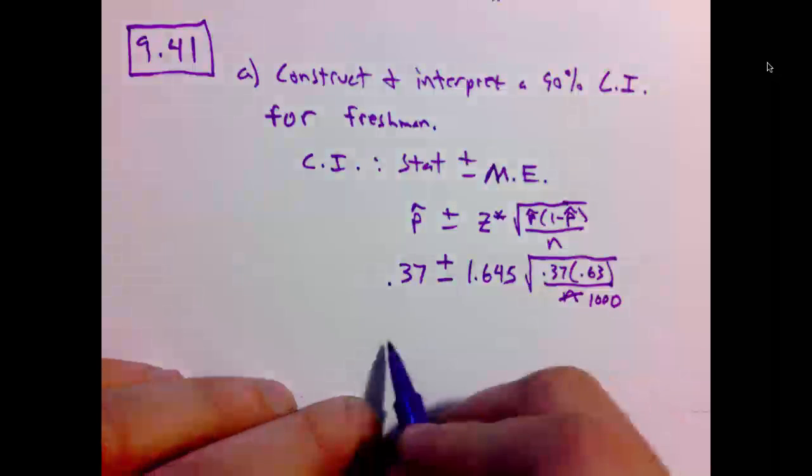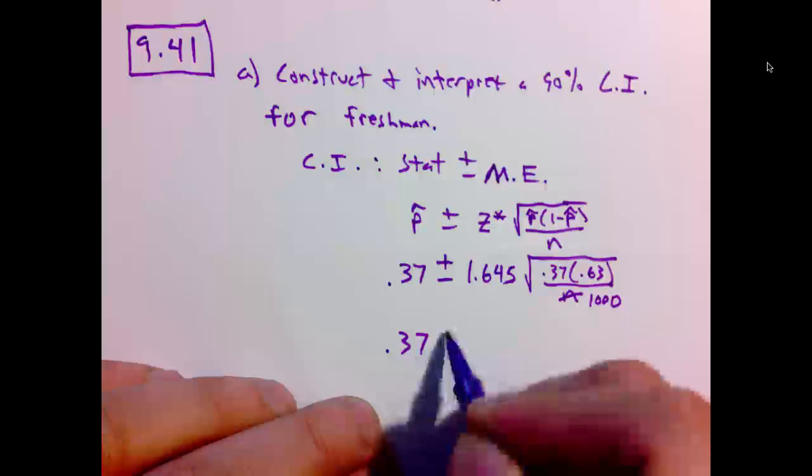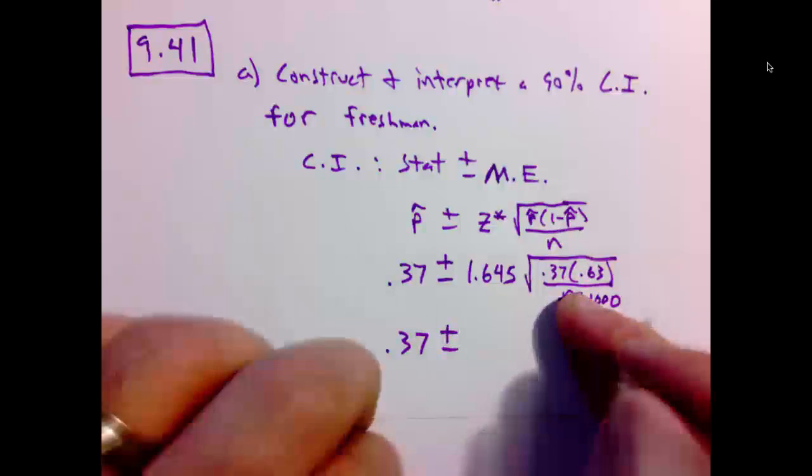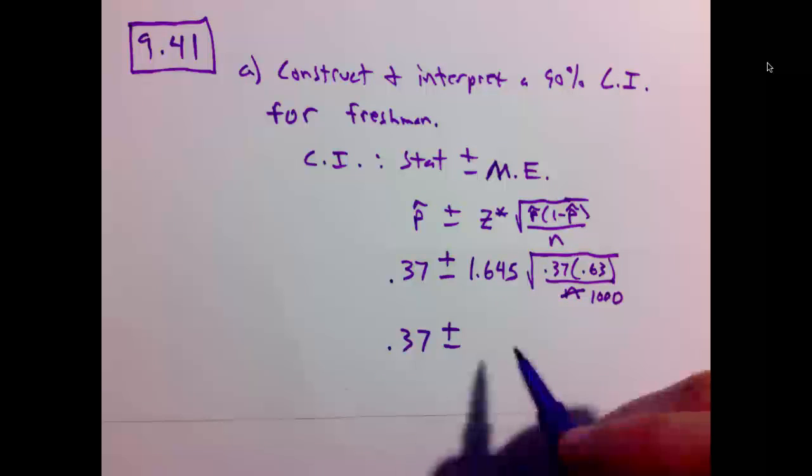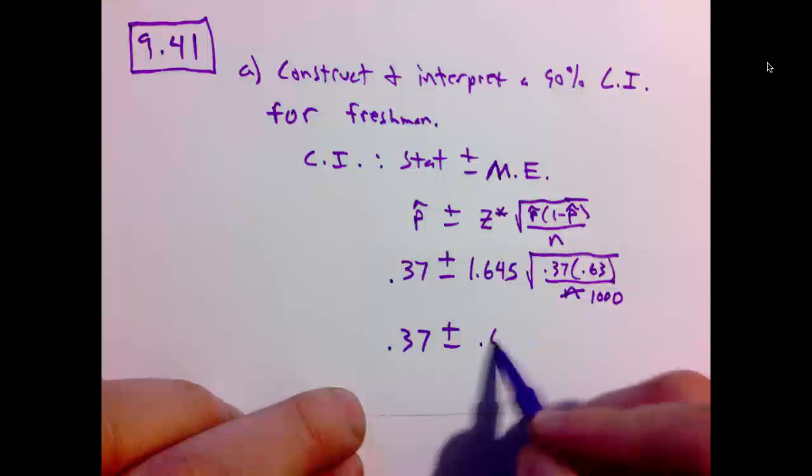Okay, so now we have 0.37, and this just becomes some calculator work. This is 0.025.